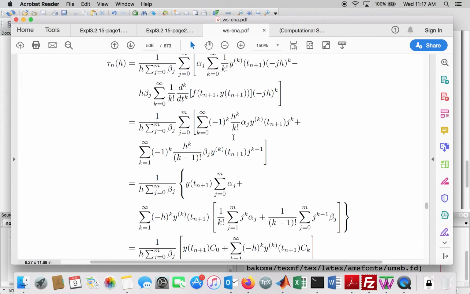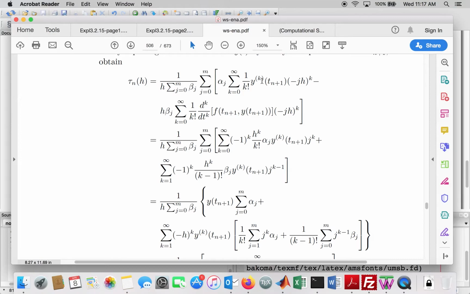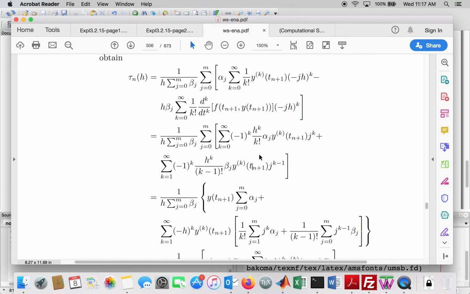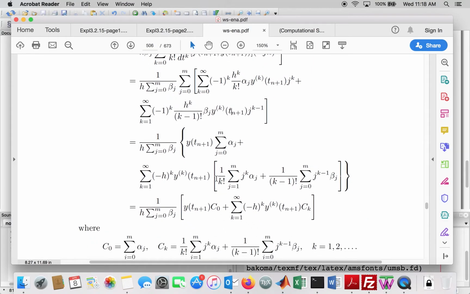So that opens the door to canceling a bunch of terms, in the case of a consistent method. If we group terms coming from this summation and this summation, combine them and group by order of derivative of y, and see what is multiplying each derivative of y, then we get these expressions down here, and y of tn plus 1 itself is multiplied by the sum of all of the alphas.